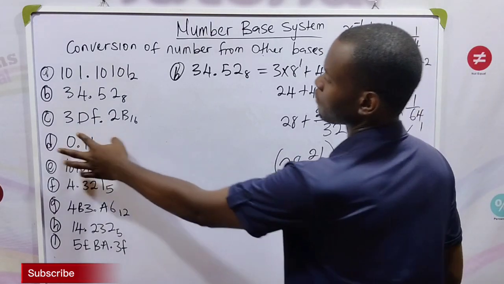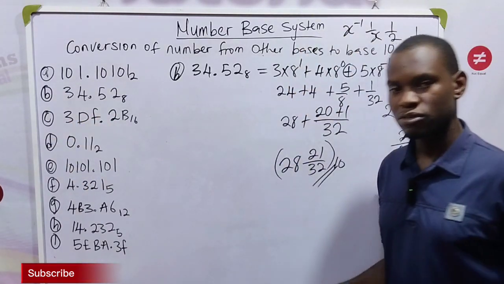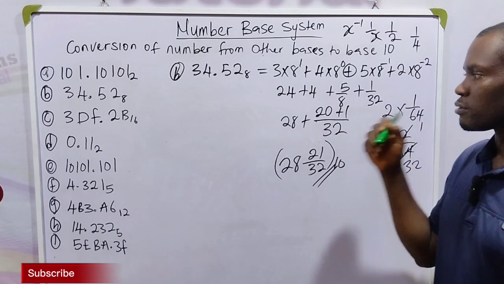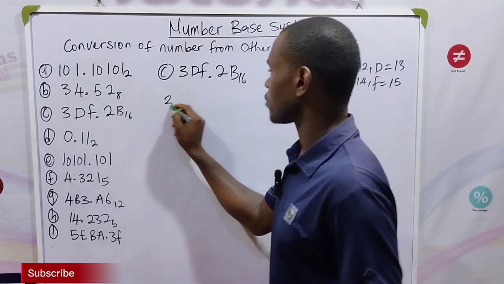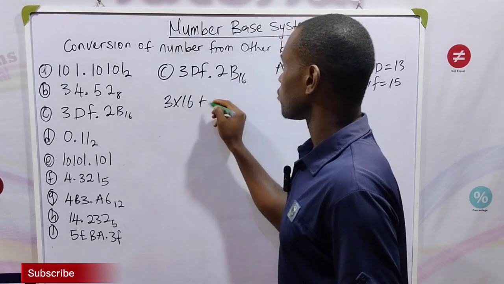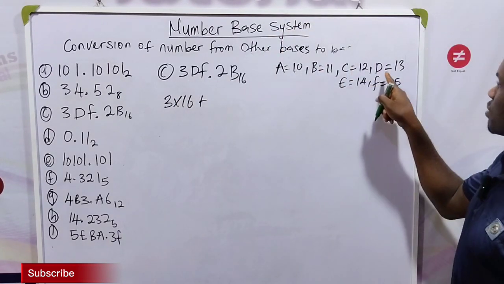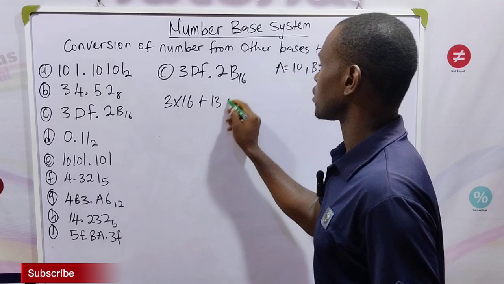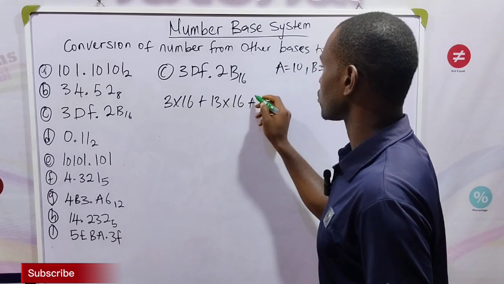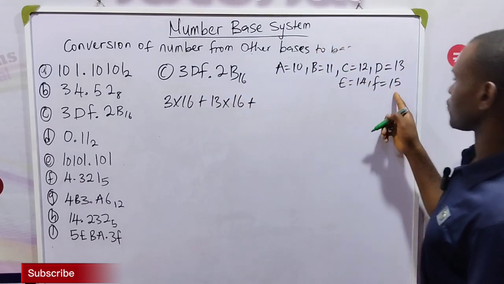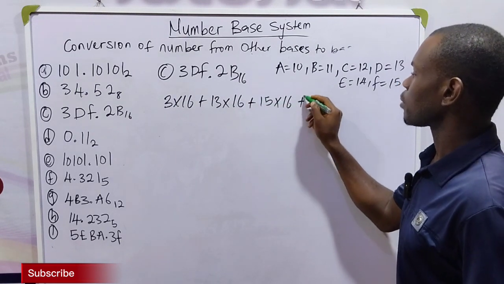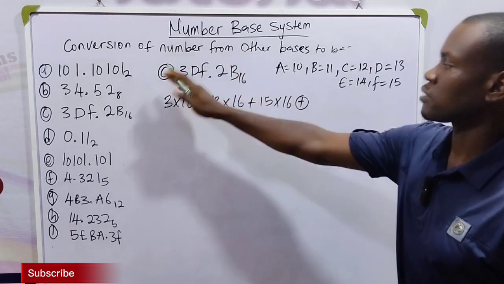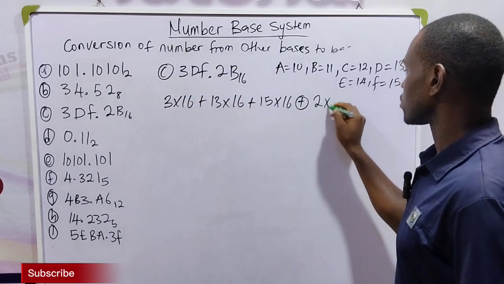This case will have letters. Let's also see how we perform their decimal expression. So expand first. We have 3 times 16 plus d. Use the value of d, which is 13. 13 times 16 plus f is 15. 15 times 16 plus, let me show the difference between this part and this part. 2 times 16.